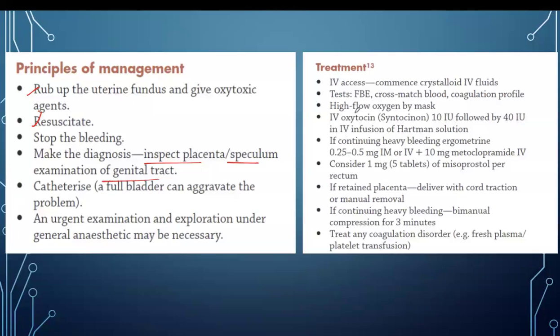Then a few other things can be done. We can give IV oxytocin to stop the bleeding. If oxytocin alone is not working, then you can add ergometrine. Then there are options of misoprostol, and lots of others. Bimanual compression doesn't come in the exam.